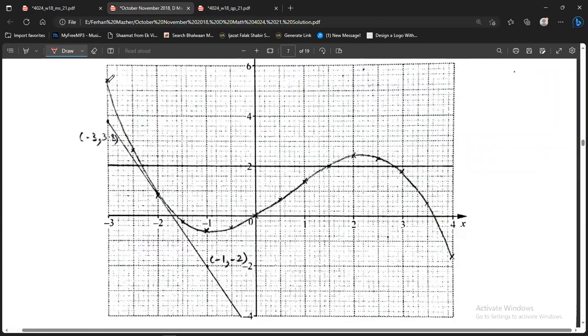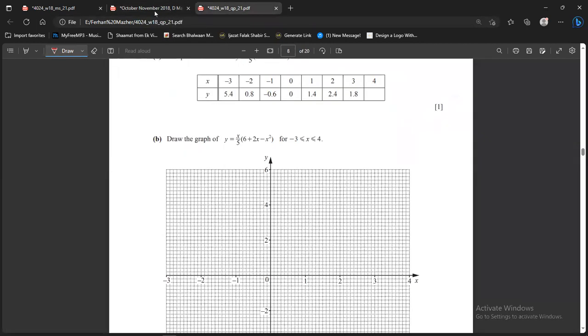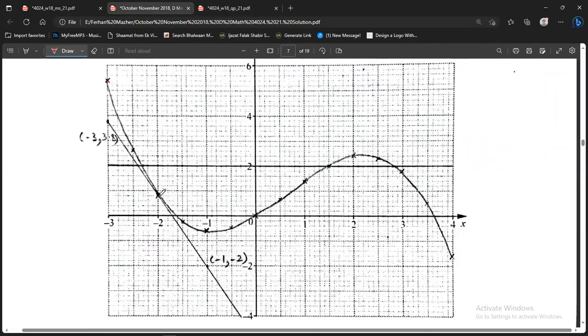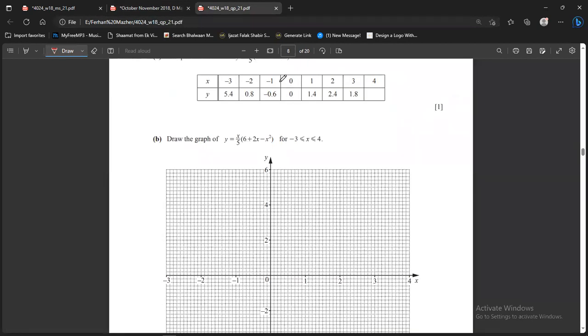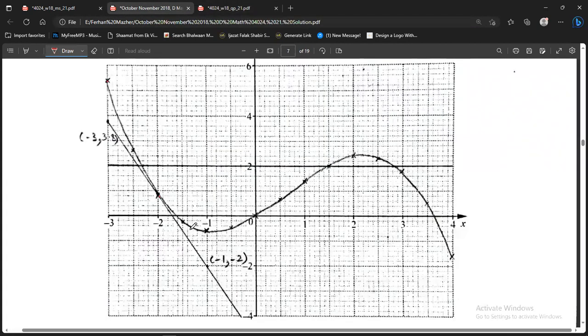So 5.4 is this, okay. Then we have minus 2, 0.8. At minus 2, you have 0.8, okay. At minus 1, you have minus 0.6. Minus 0.6 is this, okay.